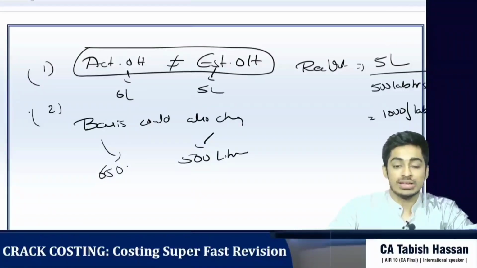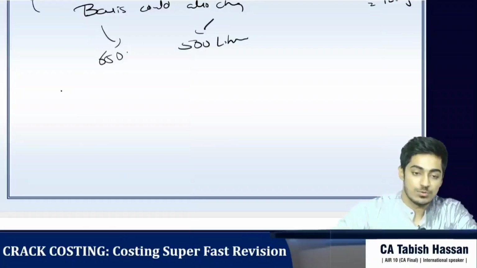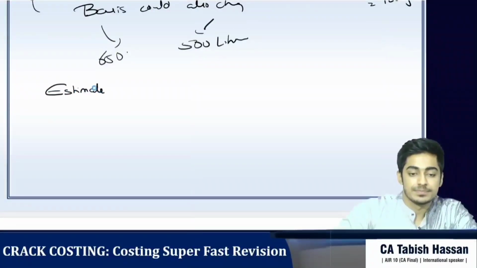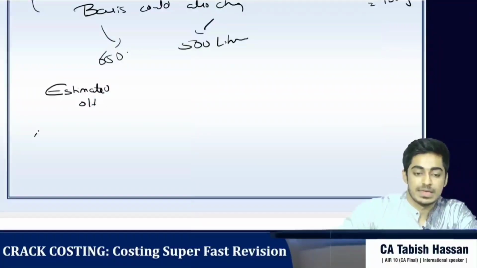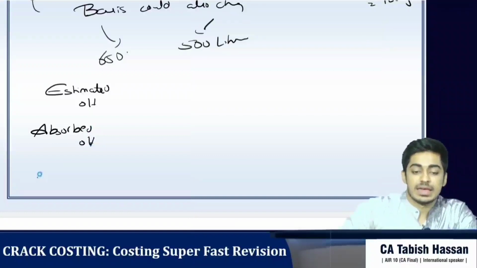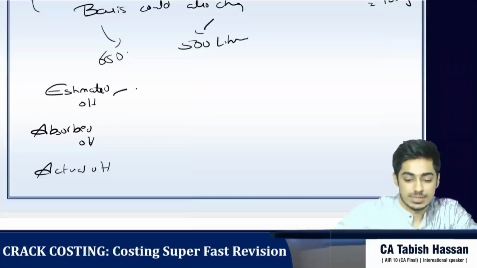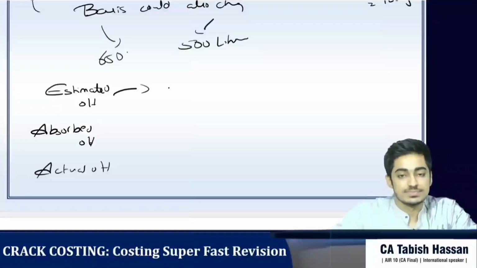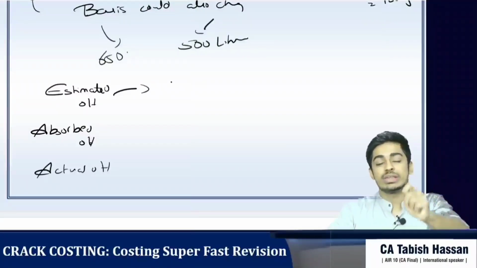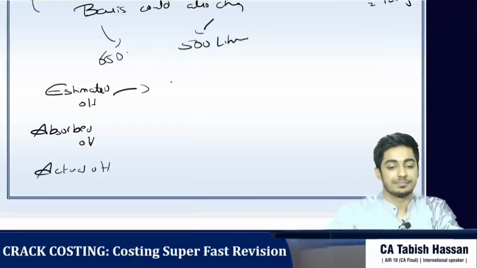To understand this concept, we'll have to know the meaning and difference of estimated overheads, absorbed overheads, and actual overheads. Estimated overheads is how much overheads we estimate to incur in a given period.